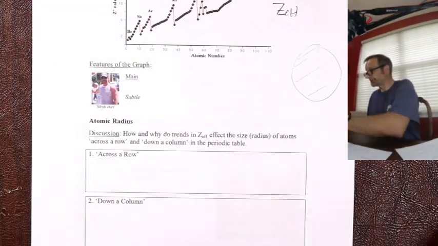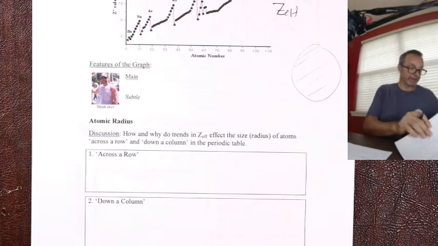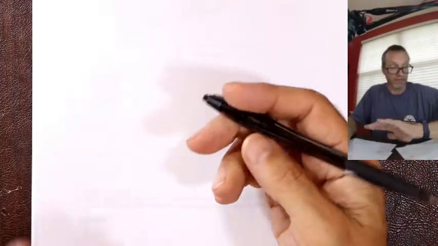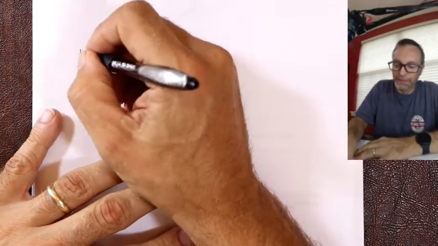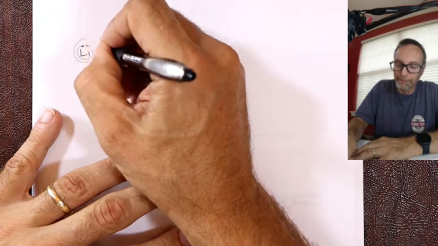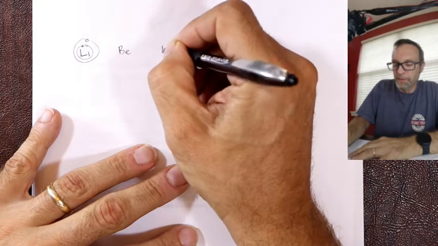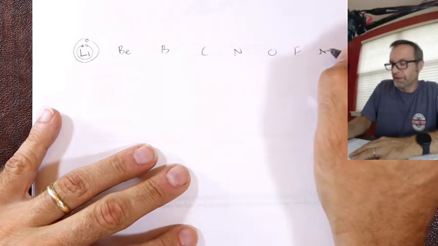All right, what I want you guys to do is get a piece of paper, and we'll use it as an aid. I'm going to write lithium, beryllium, boron, carbon, nitrogen, oxygen, fluorine, neon, right?